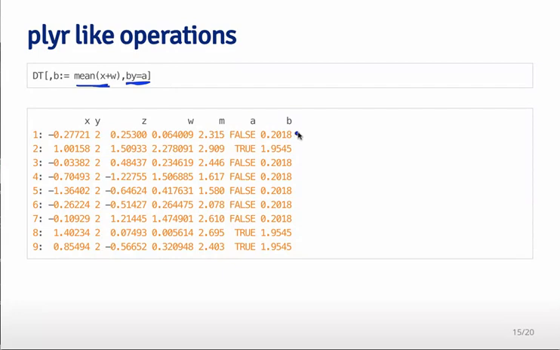What that's going to do is take the mean of x plus w when a is equal to true, and place that mean in all the rows where a is equal to true. Then it's going to take the mean of x plus w where a is equal to false and place that mean in all the rows where a is equal to false. So it creates a new variable that's equal to the aggregated mean, aggregated over the variable that you use by for.